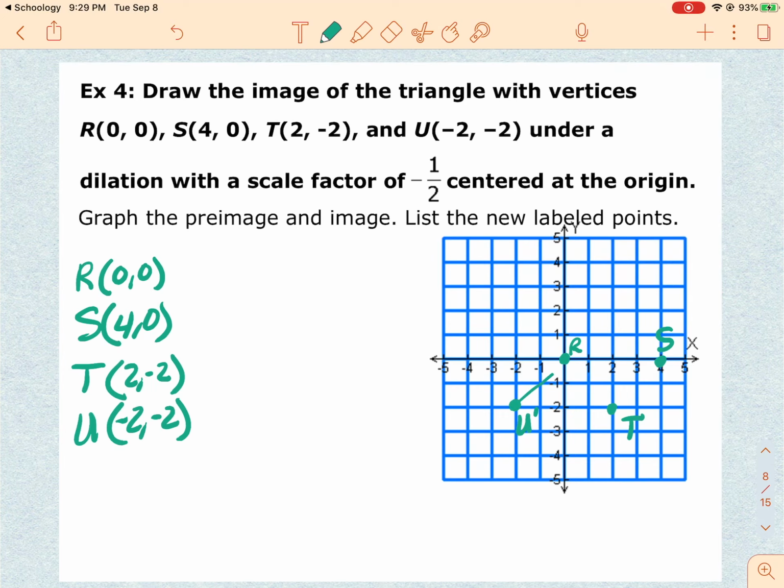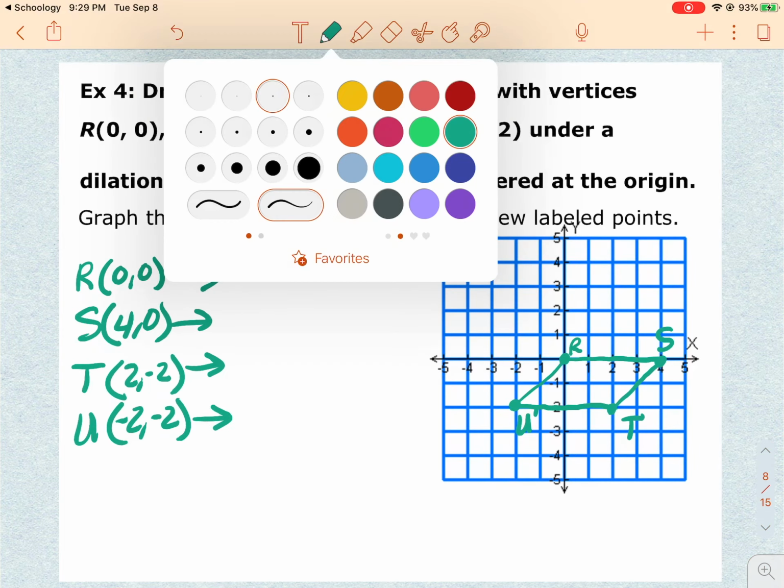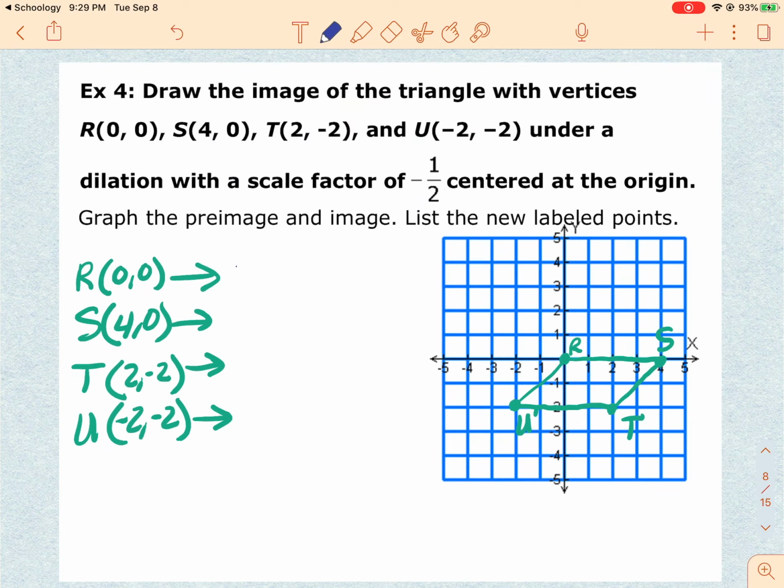It looks like some kind of parallelogram. For our new images, we're multiplying by -1/2.